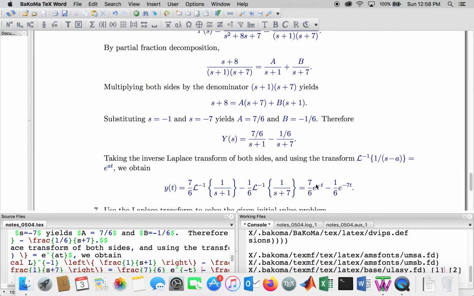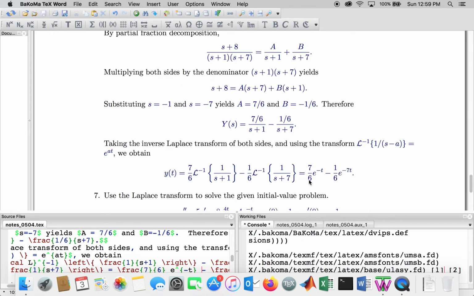So you have 7/6 e to the minus t. You're applying this rule with a equal to minus 1 in this case, and then minus 7 in this case. So you inverse transform each fraction to get your exponential, multiply by the constant factors that were pulled out, and combine them, and now you have your y of t.